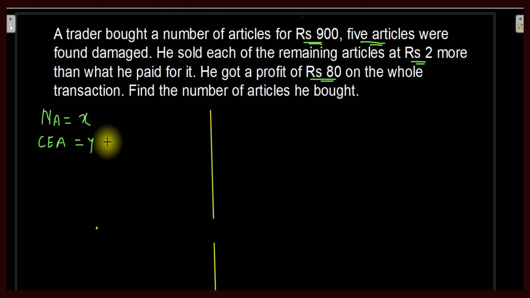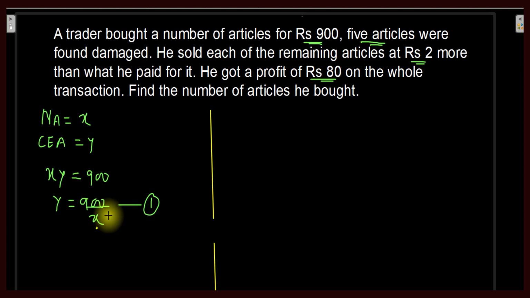So the total cost will be what? Number of articles multiplied by cost of each article. So it will be XY, which is equal to 900, and therefore Y is equal to 900 upon X. Let it be equation number 1. This is the cost of each article. 900 upon X rupees is the cost of each article.